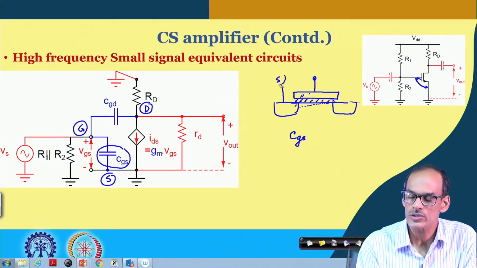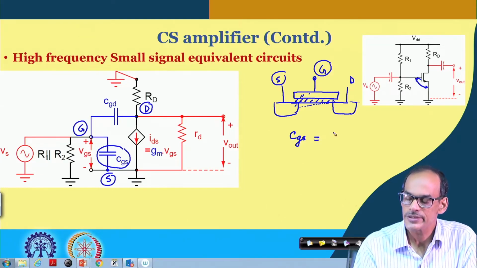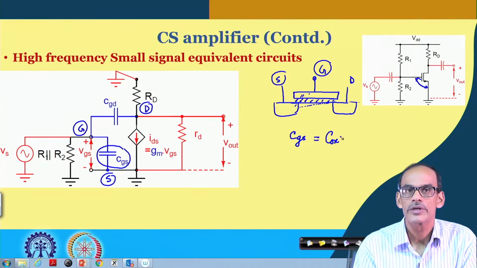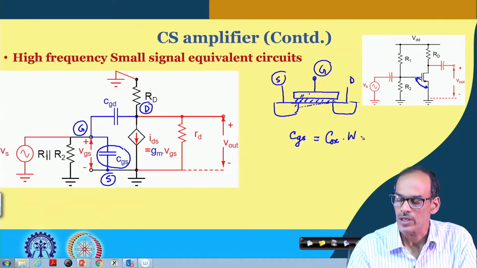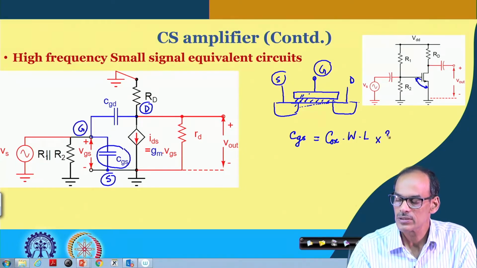This is source, this is gate terminal and this is the drain terminal. So, CGS is this capacitance, which is Cox, capacitance per unit top view area, multiplied by W into L. And since it is in saturation, you need to consider a factor of 2/3.